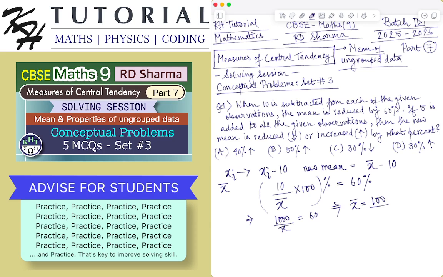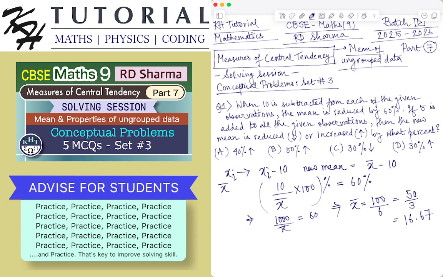This means that x bar is equal to 100 by 6, which is equal to 50 by 3, which is equal to 16.67. Anyway, so the original mean we have found to be 50 by 3.